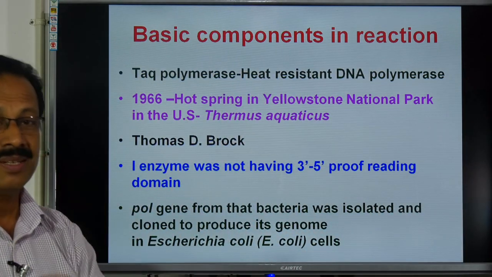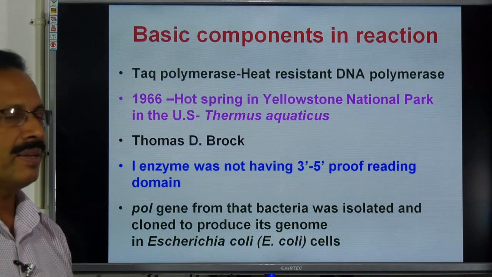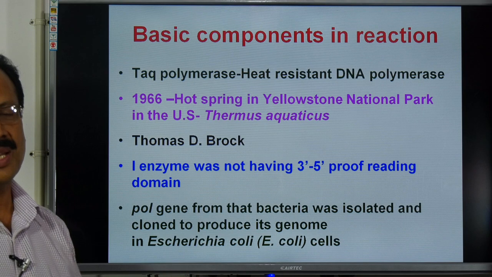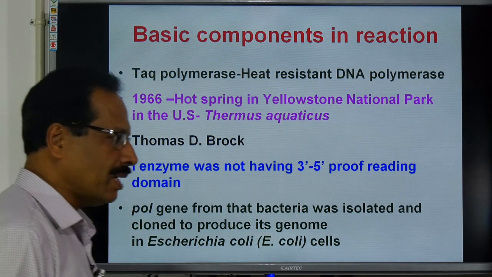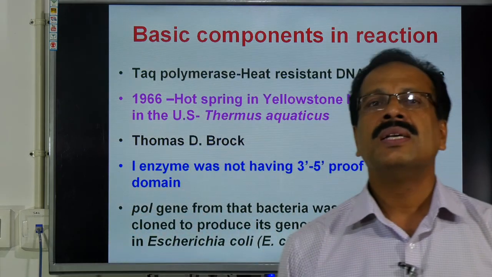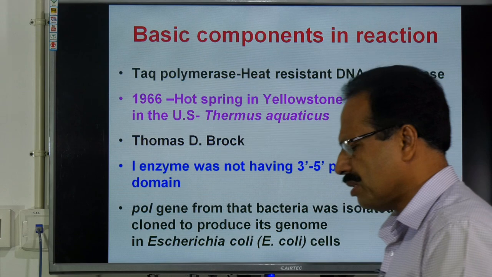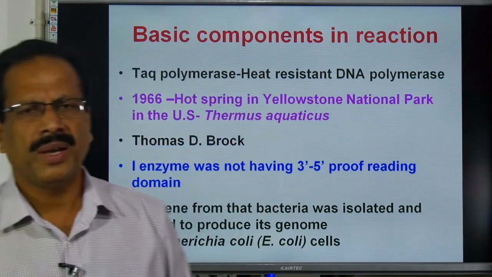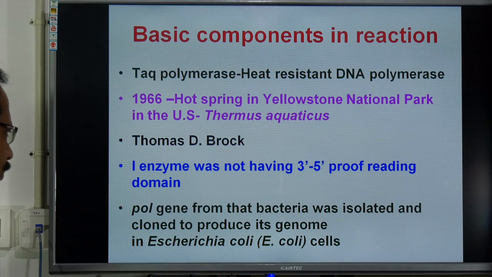Because if you are using that, it will keep on adding errors. For each and every cycle, if you keep on adding errors, towards the end of 30 or 40 cycles, the number of errors will be too high. So you need a DNA polymerase enzyme which has got a proofreading activity. So a lot of searches, and finally we found this enzyme, Taq polymerase, as very suitable.